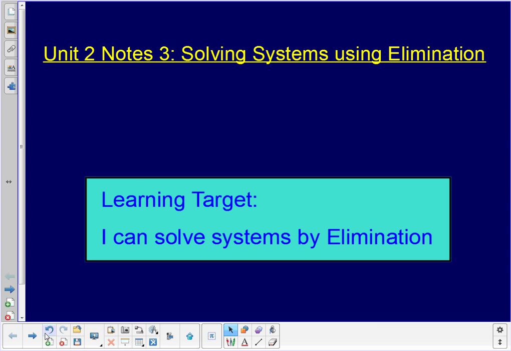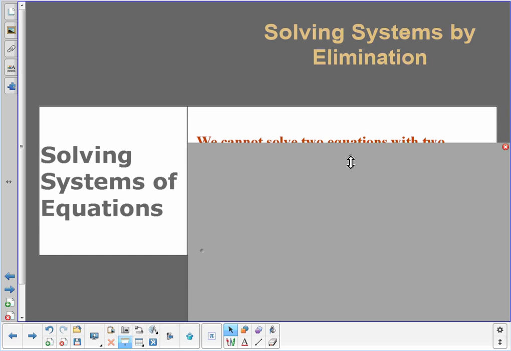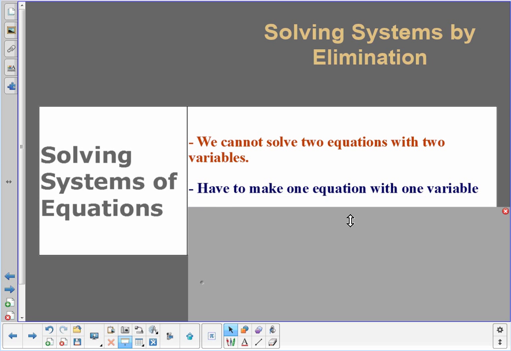So let's just refer back to solving systems of equations. Now here's the problem. When we have a system of equations, we know by now that we have two equations with two variables. We cannot solve two equations with two variables. It's not possible. We can't do it that way. So what we have to do instead is make one equation with one variable somehow.